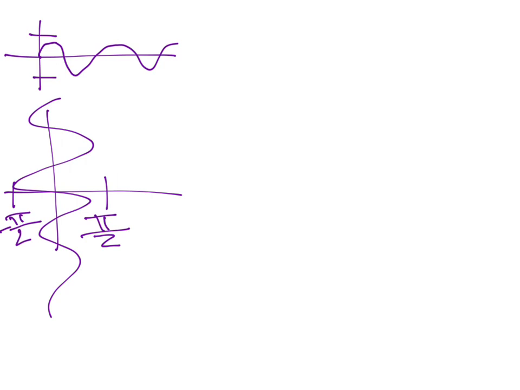Another way of writing sine inverse of x equals y is to say that sine of y equals x. And we just talked about this. If I look at this and I haven't explicitly solved for y, did you see it?